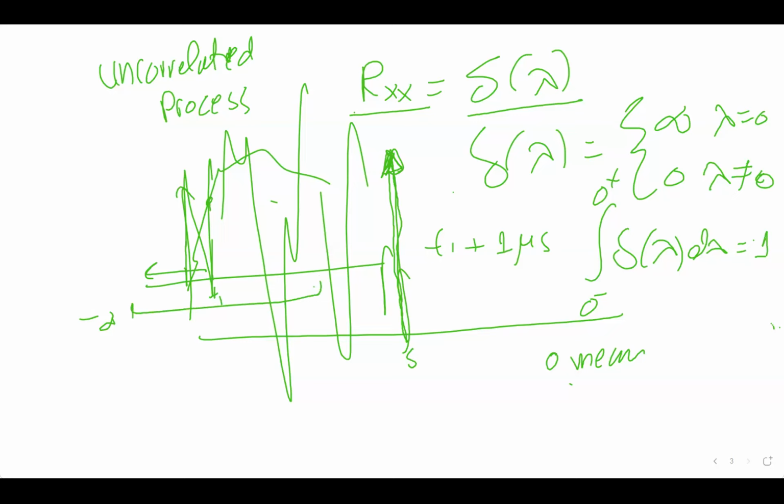In this case, we call it an uncorrelated process. So the correlation is very important. The correlation gives us information on how the signal or the randomness of the signal is changing with time.